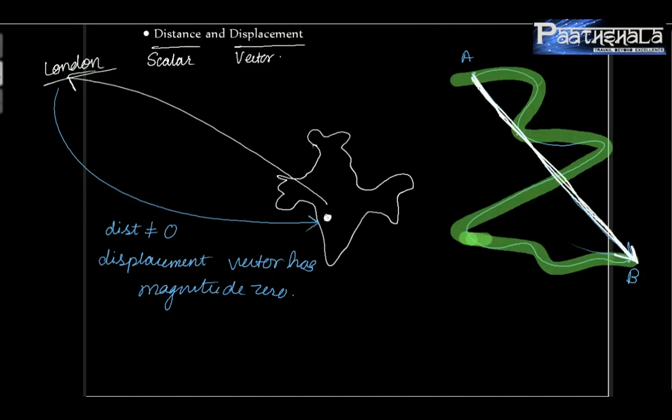So displacement is basically the vector AB bar. I think this is fairly obvious and straightforward, right? This is a simple topic indeed, but we have to go through all the basics.